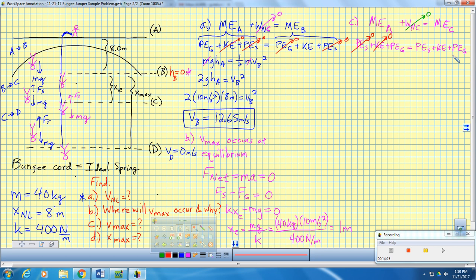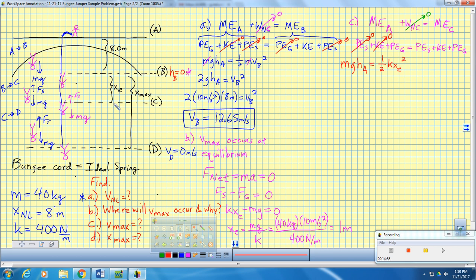All right, at A, I have a potential energy of m times g times height at A, where the height at A is measured from here up. At C, I have spring potential energy of 1/2 times k times the equilibrium stretch squared.